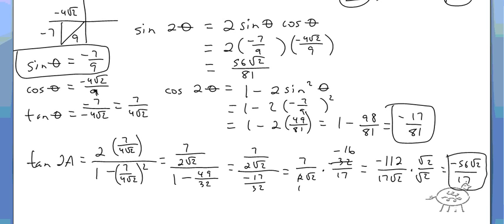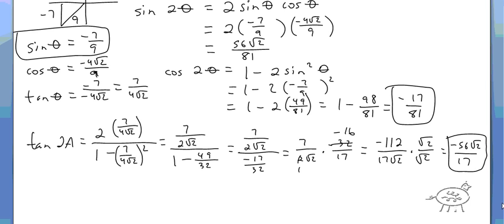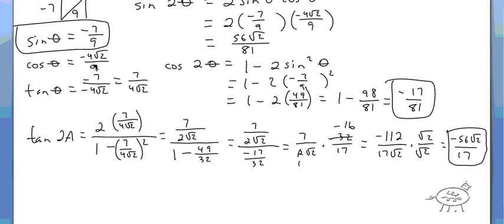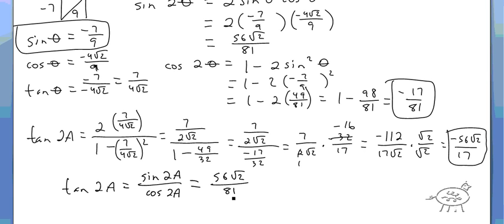Now I said there's another way to do it, and we already know that tangent of theta is sine over cosine, so tangent of 2A is sine of 2A over cosine of 2A. Can always use that nice identity. So let's actually do that. Sine of 2A is 56 root 2 over 81 divided by negative 17 over 81.